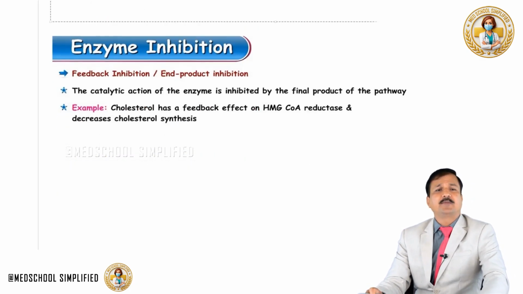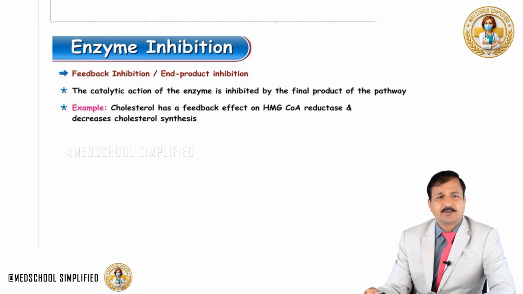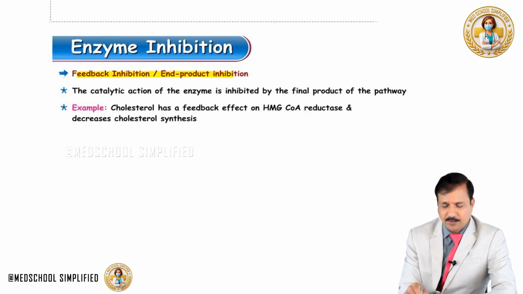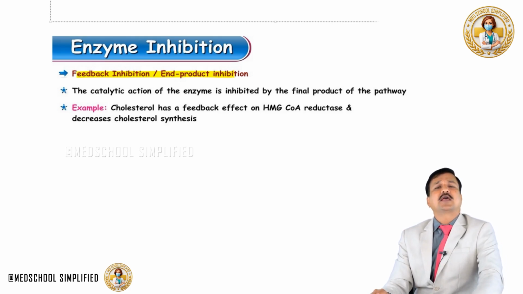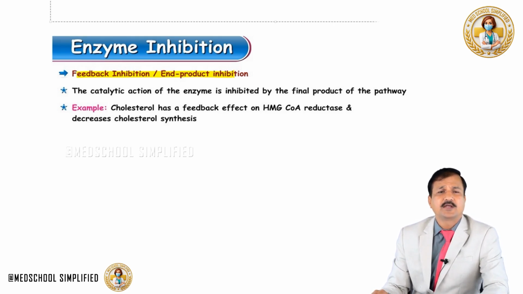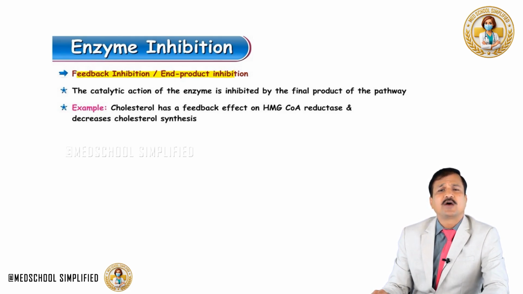Coming to feedback inhibition or end product inhibition. This is not an external molecule that is inhibiting these enzymes. It is our own metabolic products which will have a negative feedback effect on our regulatory enzymes in the metabolic pathways. One example that I have given here is in cholesterol metabolism.